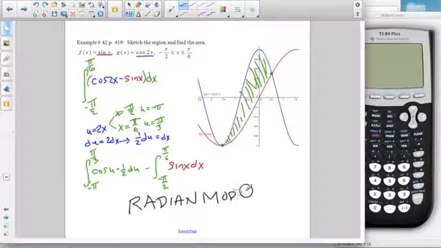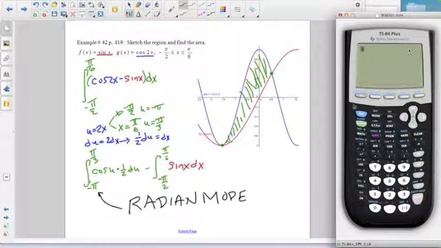And I noticed that we need to be in radian mode because of the limits of integration, which are in radians. So coming back to our TI-84, I'm going to check our mode, and sure enough, we're not in radian mode. So I'm going to go ahead and put us in radian mode so that the calculator is evaluating the appropriate limits of integration.